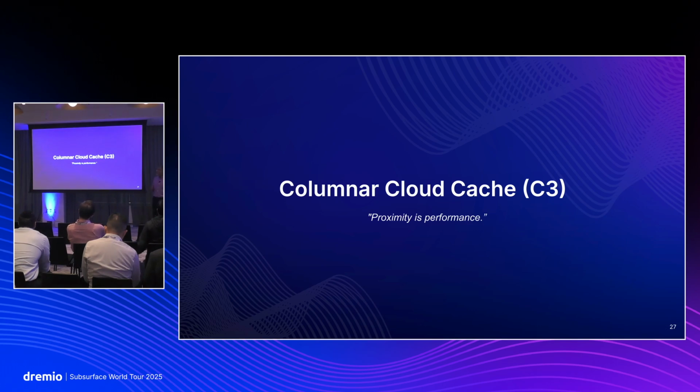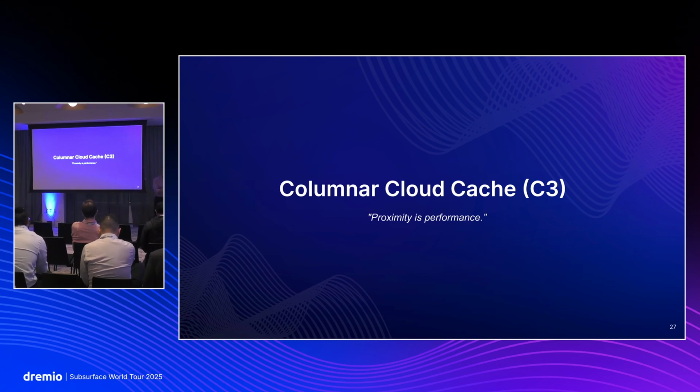Okay, the last one is Columnar Cloud Cache. This is really not a new feature. It has been in the product for a while, but the idea here is to help with cloud storage latency. If all our queries have to hit cloud object stores, there will be latency, which can impact performance.